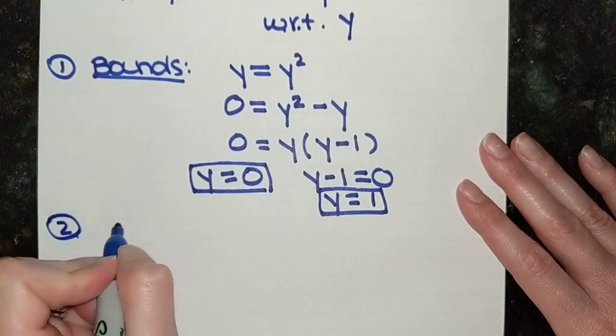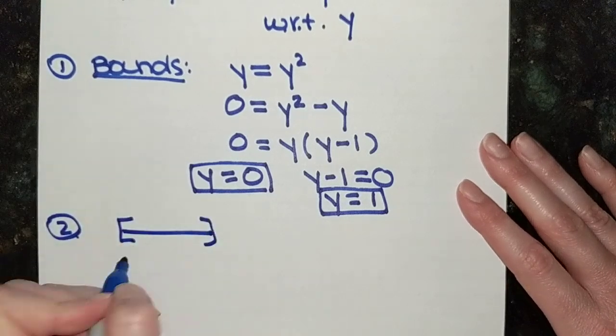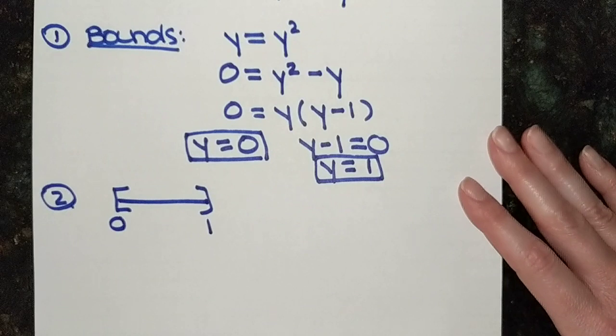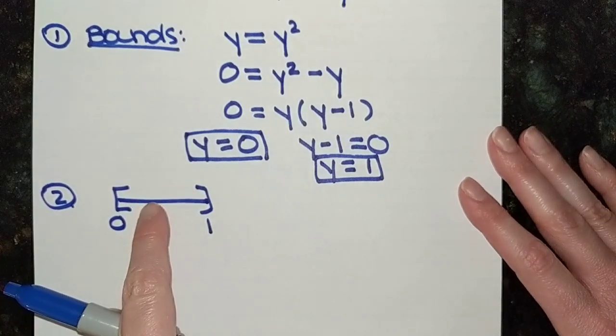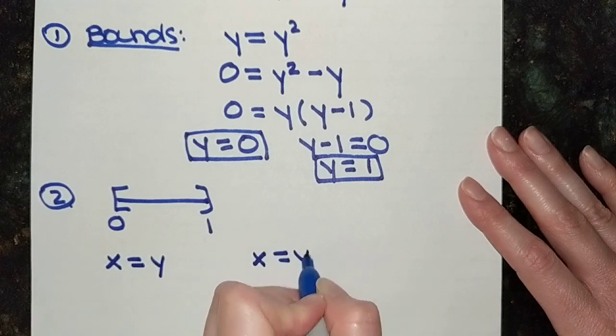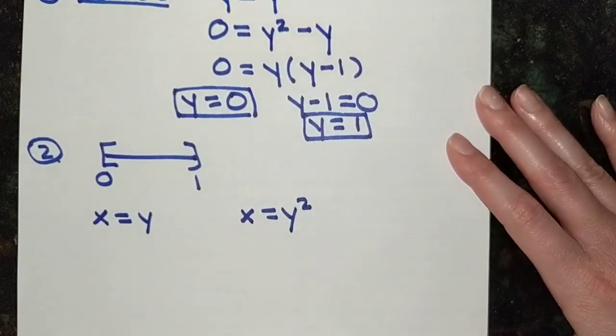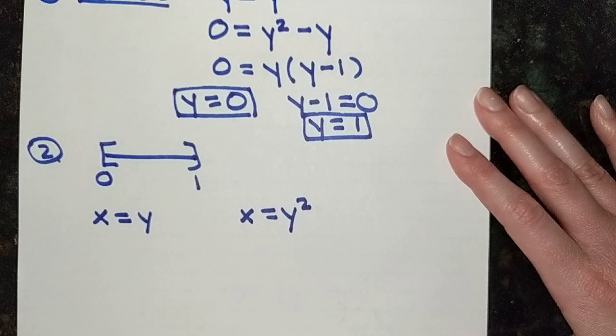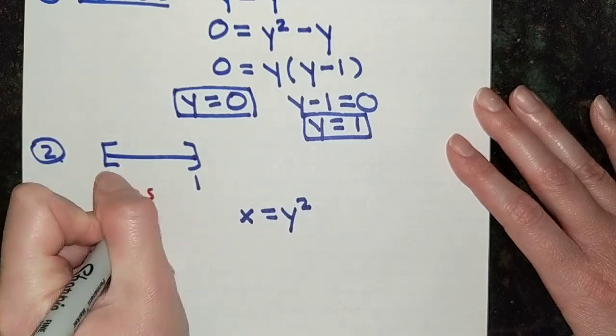To find the bigger function and the smaller function, you're going to pick just some random number inside of that interval. So I have x is equal to y, x is equal to y squared, and I might decide that I'm going to plug in y is equal to 0.5, let's say.